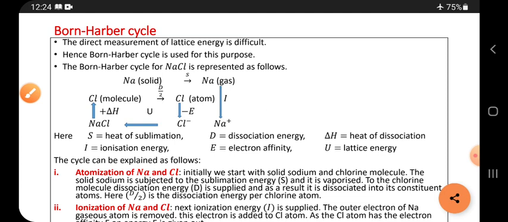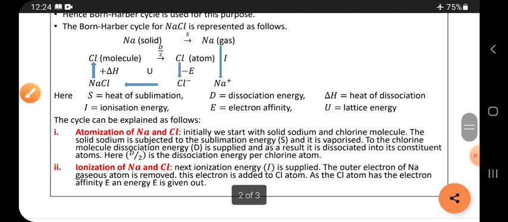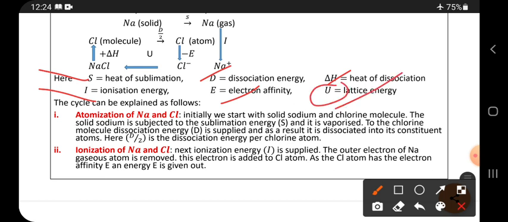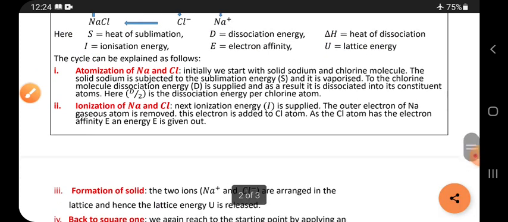These things are explained briefly below. Here, S stands for heat of sublimation, D stands for dissociation energy, DH stands for heat of dissociation, and then ionization energy, electron affinity, and lattice energy. This is what we aim to calculate.